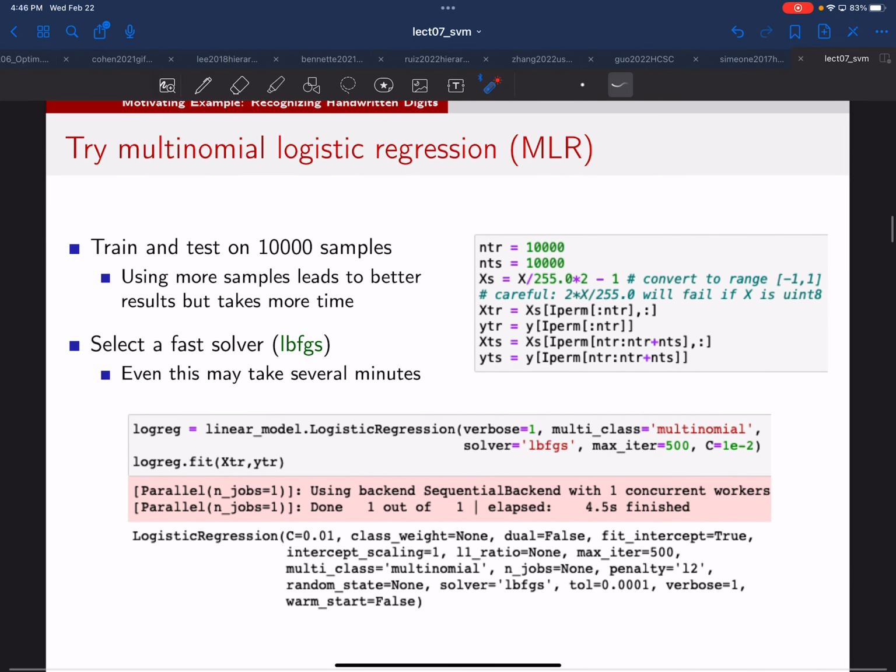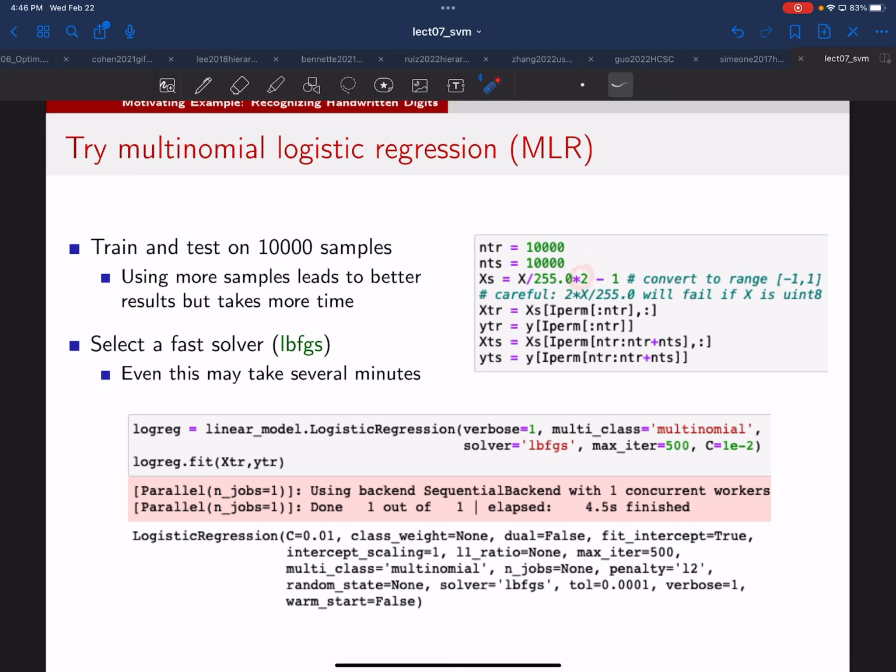There's a little note here. This thing will actually fail: X divided by 255. Oh, okay, there's another interesting thing.